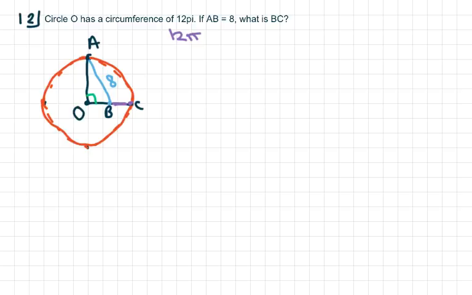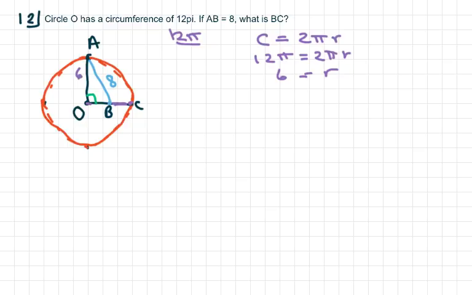The circumference of the circle is 12 pi, so its radius must be 6, because C equals 2 pi r. So 12 pi equals 2 pi r, so r is 6. This whole length is 6 from O to C.